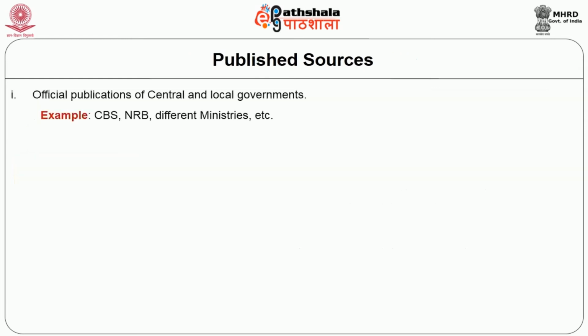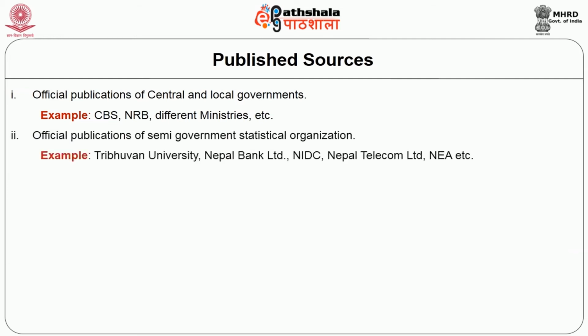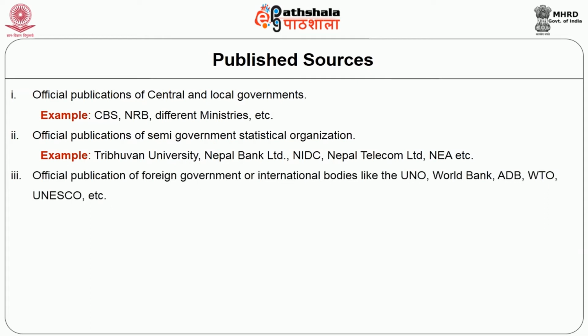Published sources. The sources of published data are as below. 1. Official publications of central and local government. For example, CBS, NRB, different ministries, etc. 2. Official publications of semi-government statistical organizations. For example, Tribhuvan University, Nepal Bank Limited, NIDC, Nepal Telecom Limited, NEA, etc. 3. Official publications of foreign government or international bodies like UNO, World Bank, ADB, WTO, UNESCO, etc. 4.